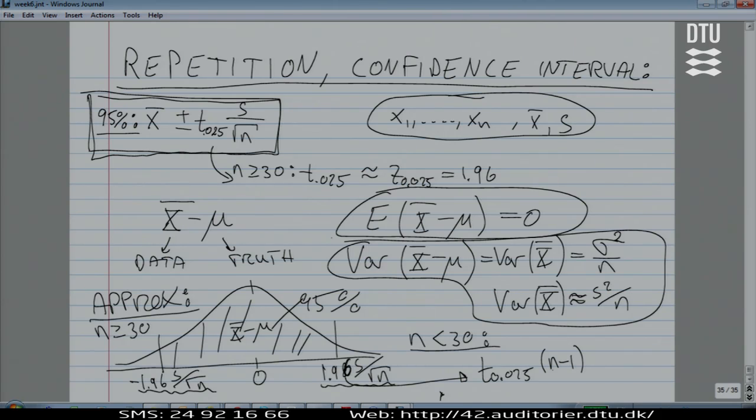Let me say the very formal interpretation of this would be that the confidence interval as a method, if we see it up here again, is a random thing from sample to sample, right? It has the average in the center, and then it uses the computed standard deviation to find out what should the spread be of the confidence interval.